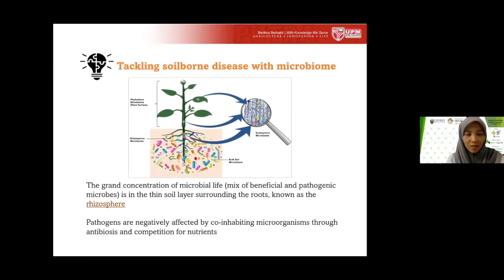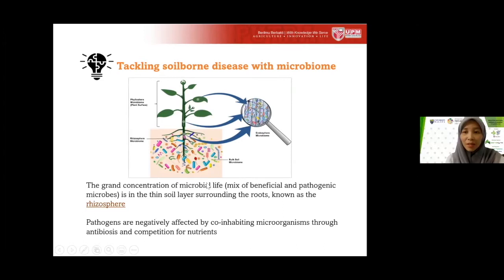The grand concentration of microbial life, which as Paul explained just now, is a mixture of beneficial and also pathogenic microbes, lies in the thin soil layer surrounding the roots, known as the rhizosphere. Because of exudates from plants, the microbial composition in the rhizosphere could be different from bulk soil.